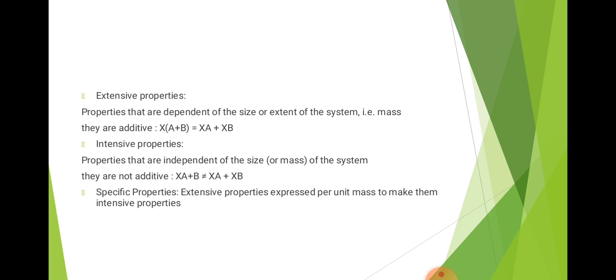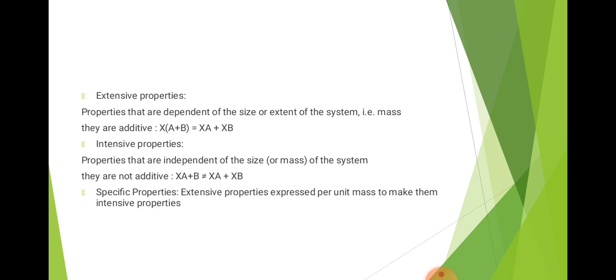If property x at points A and B is not equal, means property at A plus property at B is not equal to the cumulative function x(A+B).